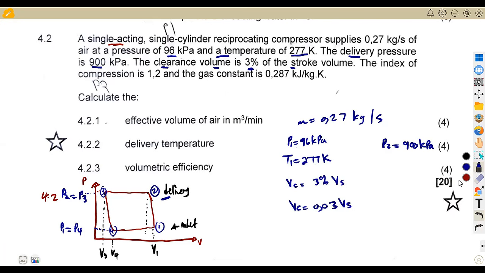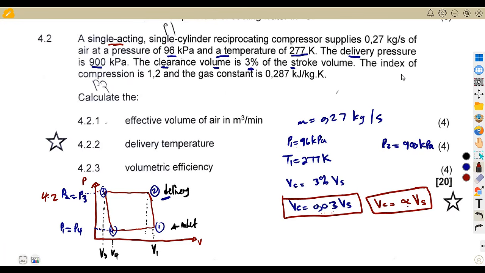That is the ratio between the clearance volume and the stroke volume, which we call alpha. It is given as VC is equal to alpha VS. Alpha is the constant that connects VC to VS. We shall talk about that if we have a need in this question.